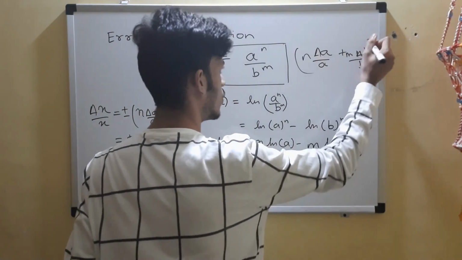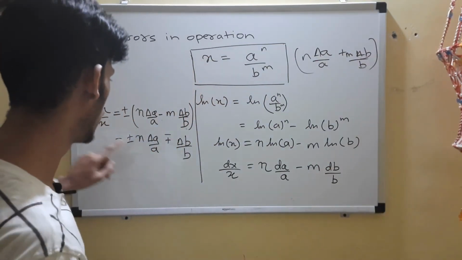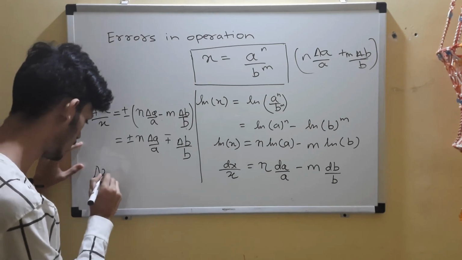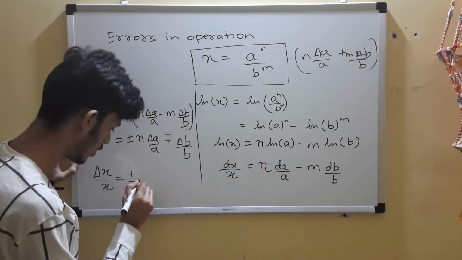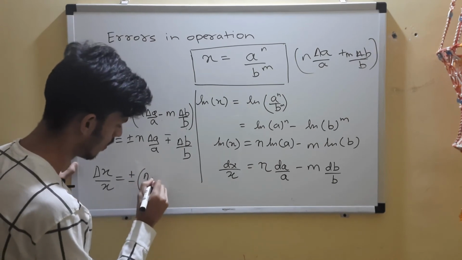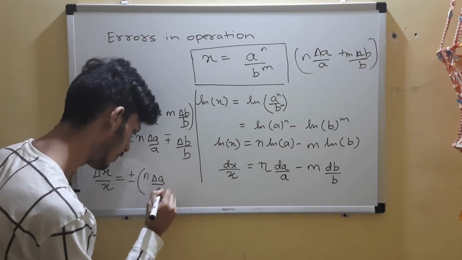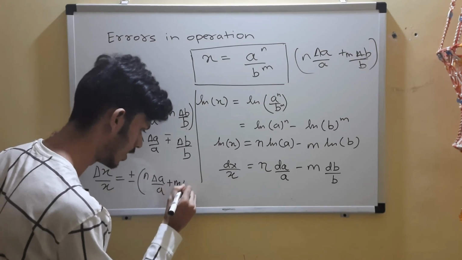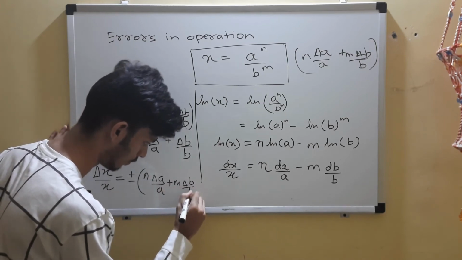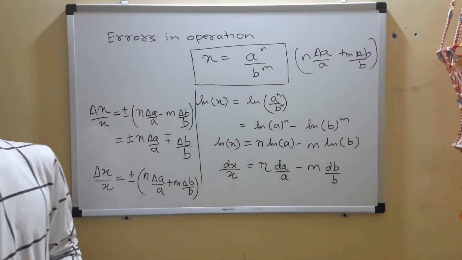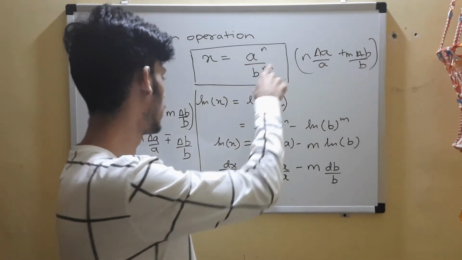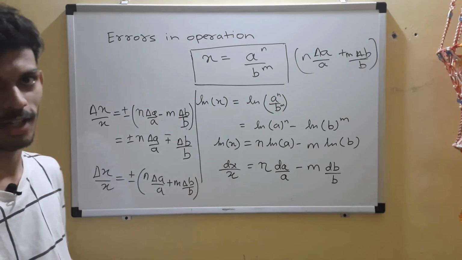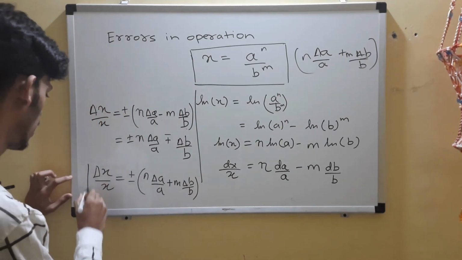So this is the most contributing one, so we'll only account for that. So finally what you have is the formula that I had asked you to remember, which is n times delta a by a plus m times delta b by b. Basically, power times the relative error of that quantity, power times the relative error of that quantity. That is the way to remember.